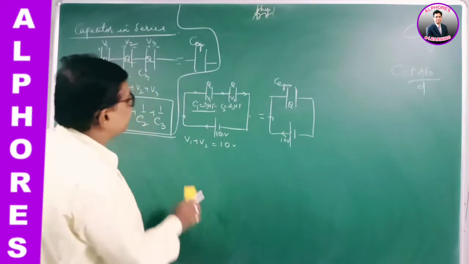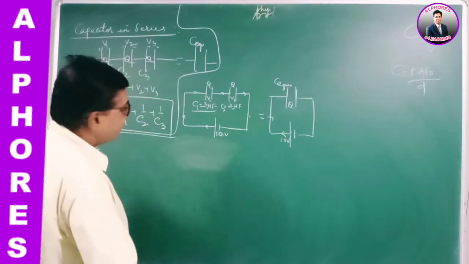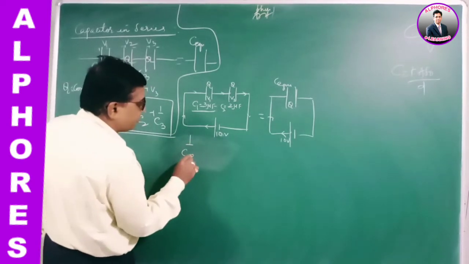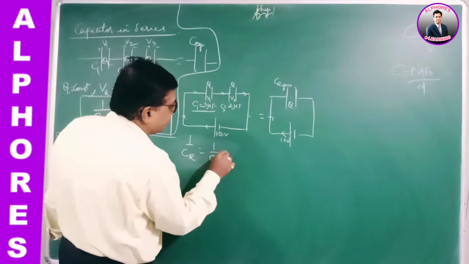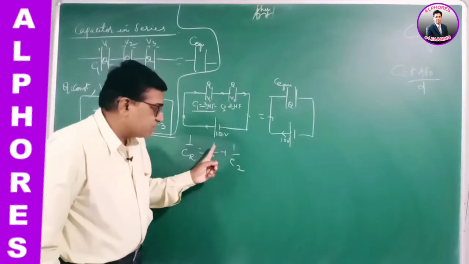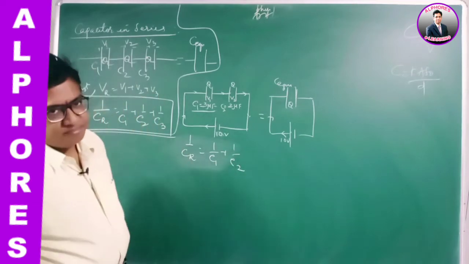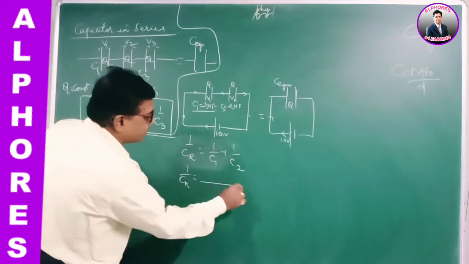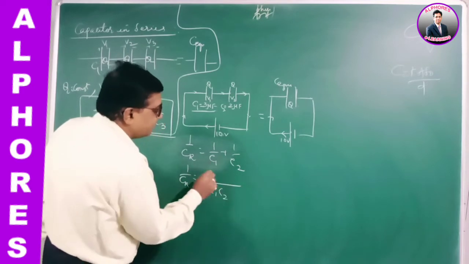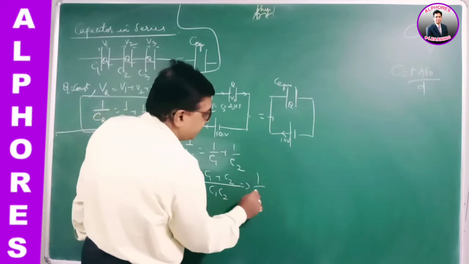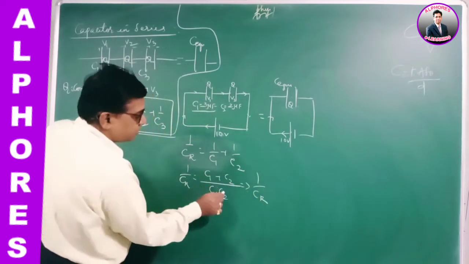Then what is the resultant capacity? We know the reciprocal of the resultant is the sum of the reciprocals of the individual ones. Well, there are only two capacitors, so it is 1 by C1 plus 1 by C2. Right, so therefore 1 by CR is equal to, the LCM is C1 C2, C1 plus C2 by C1 C2.